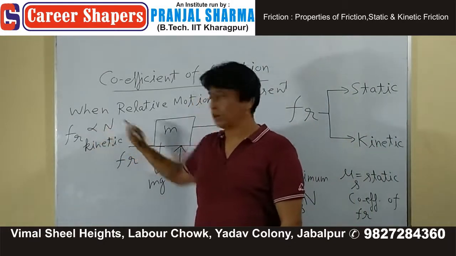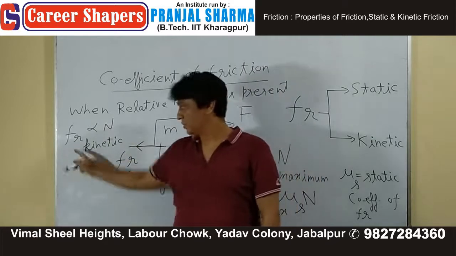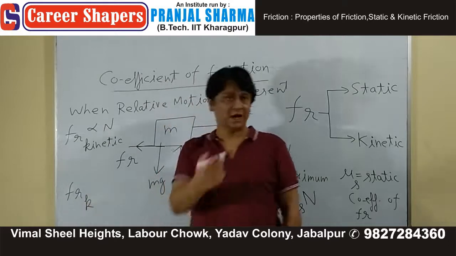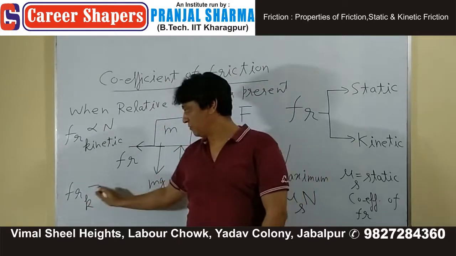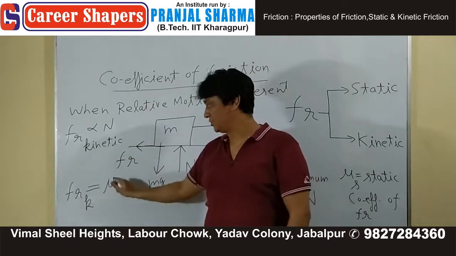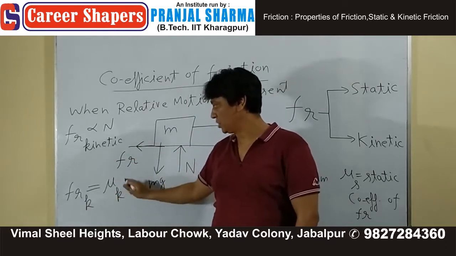It is proportional to n. This Fr, in short K only, when we use equal sign, we use a coefficient which will be called mu K n.